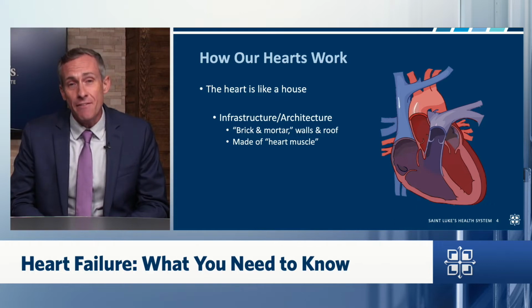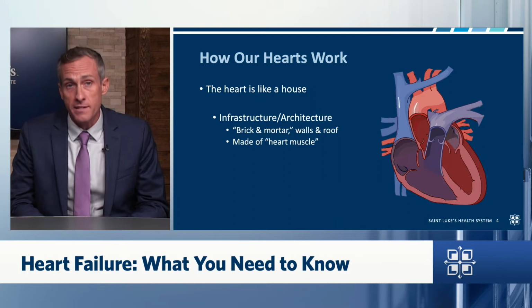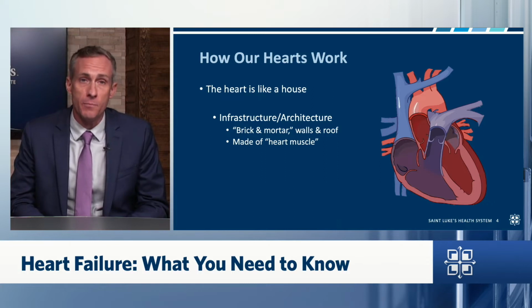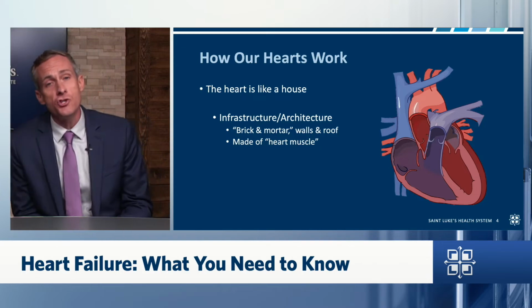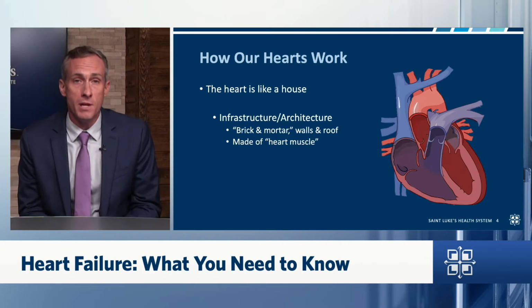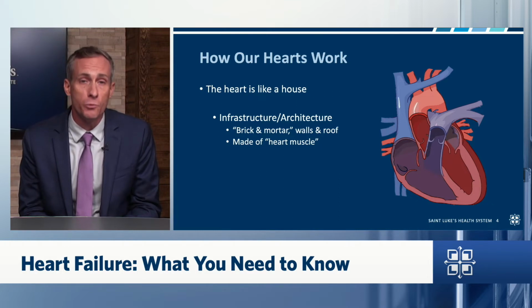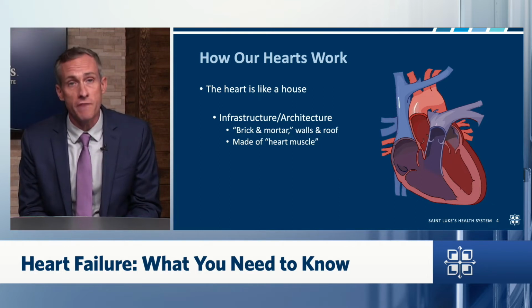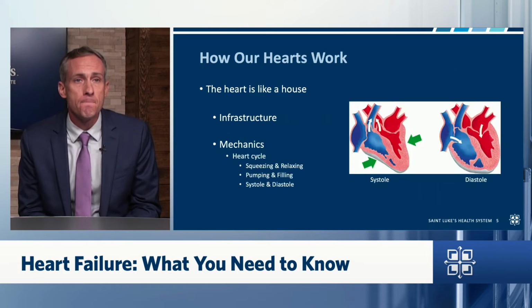And on the left side of the heart, which is the right side of your picture in red, are the left-sided chambers, the left atrium on top and the left ventricle below. The walls of these chambers are made up of heart muscle, and it's that muscle that squeezes and contracts to send blood forward from one chamber into the next through a valve, or from a chamber into an artery or a vein.